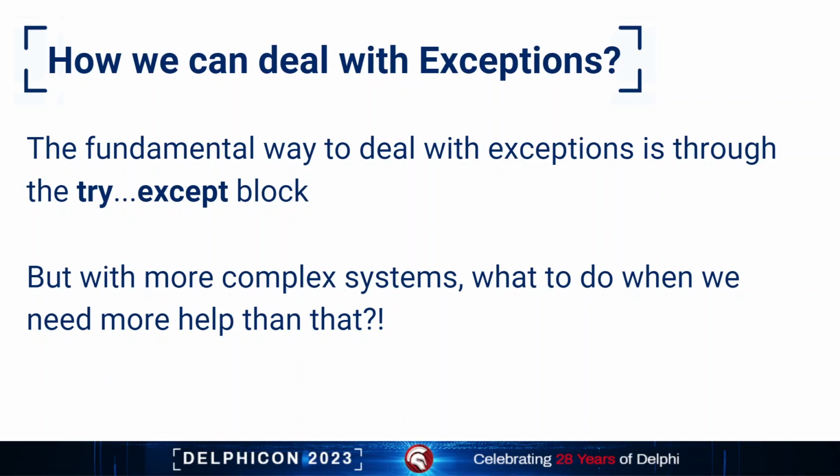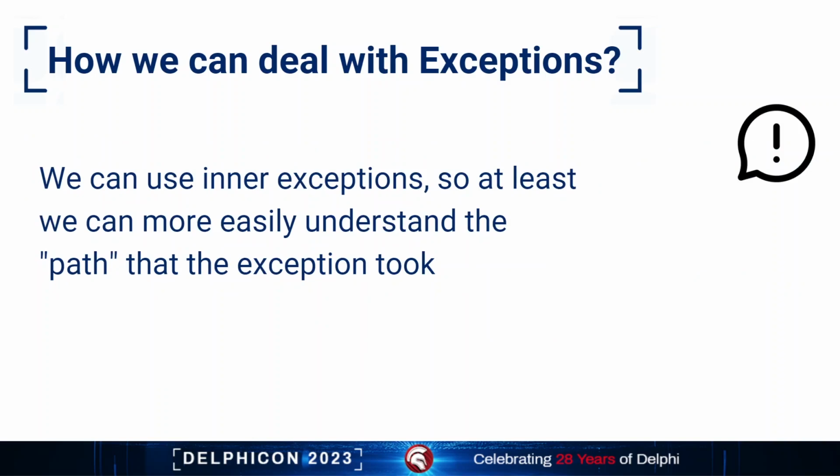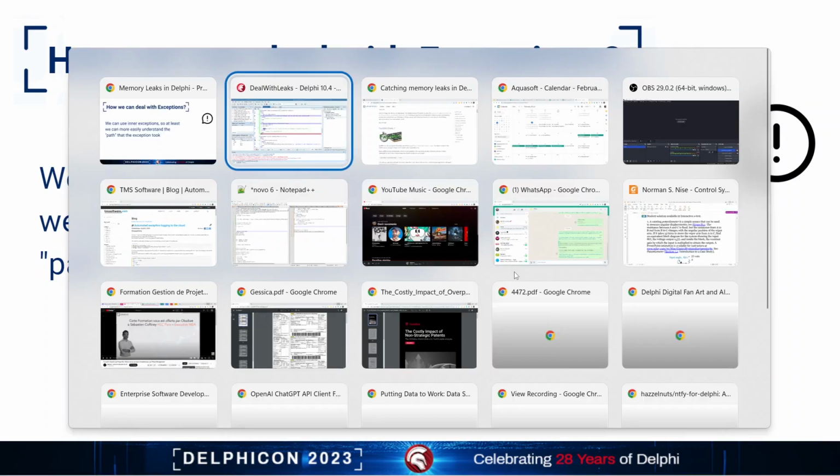Of course, in a more complex system, the try except block will not be enough for us. What we can do in this kind of scenario is use inner exceptions, another native solution from Delphi, so we can easily understand the path that the exception took, right?